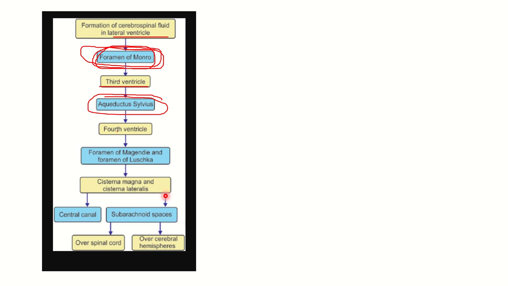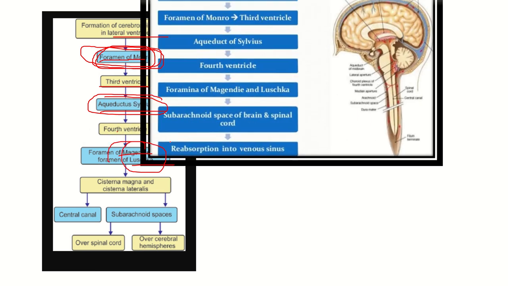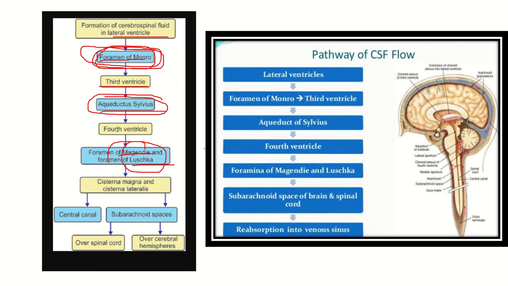Now again, in this slide the important foramina are the foramen of Monro, aqueduct of Sylvius, foramen of Magendie, and foramen of Luschka. These four are very important. Then here we can see another picture showing the pathway of the cerebrospinal fluid.